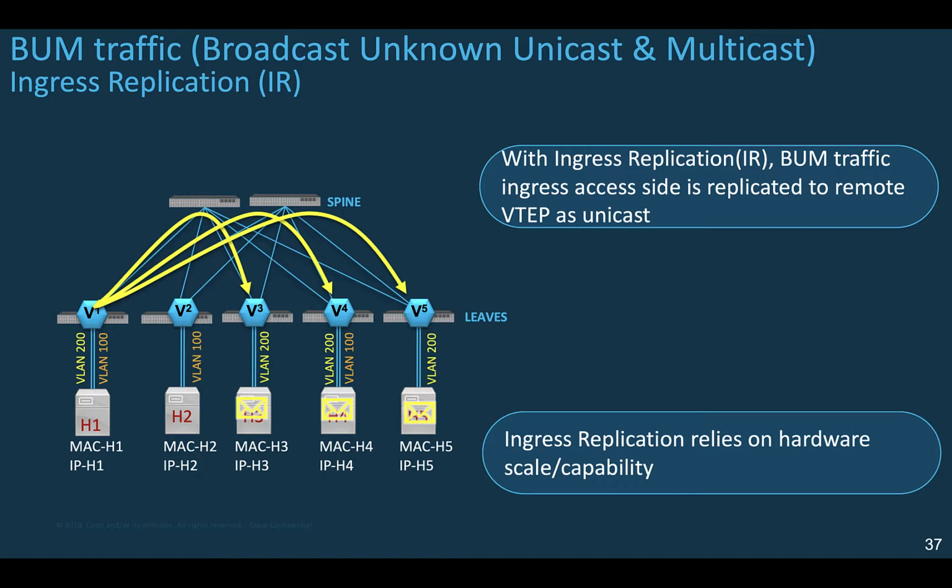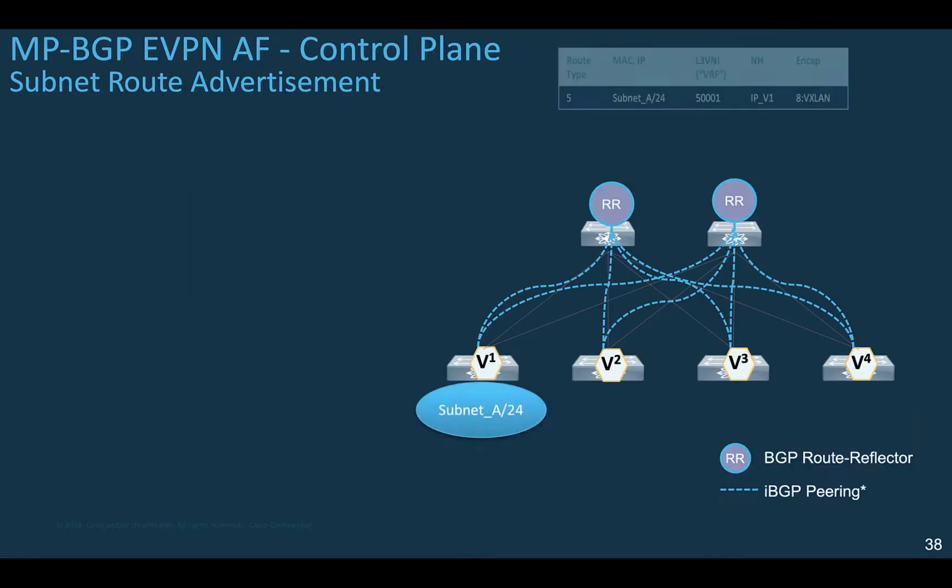In case of ingress replication, the ingress VTEP, for every BUM packet, makes as many copies as concerned NVE nodes exist and sends them as individual unicast packets toward the respective destined VTEPs that have the associated VNI membership. The ingress replication relies on the hardware scale capability. It is traditionally less efficient than multicast because of the number of copies it needs to replicate.